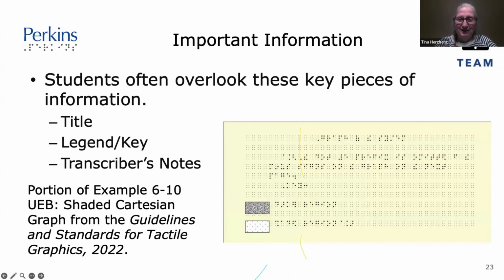So, important information. I was just in a meeting today about this. Sometimes our students miss really important information, like the title, that there's a key, or that there's a transcriber's note. Because I teach at the university, I'm always telling them in the preparation program that if you're going to have a transcriber's note, make sure there's some bang for your buck there, so students know there's really important information.